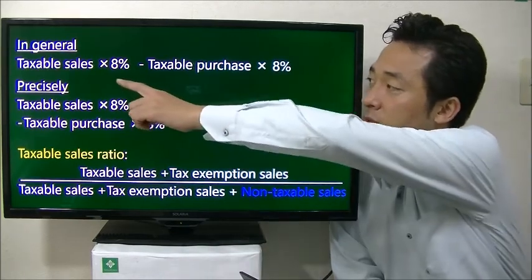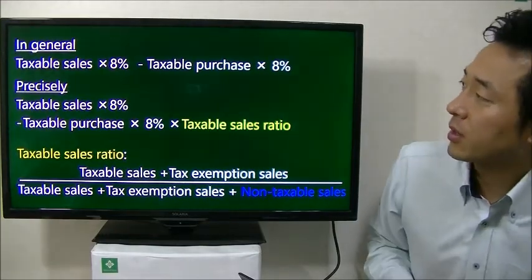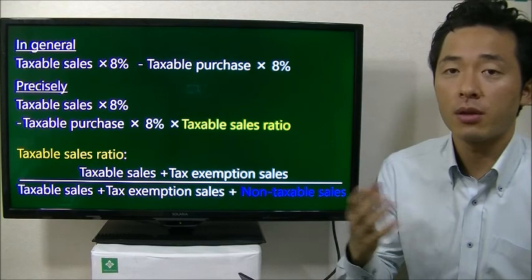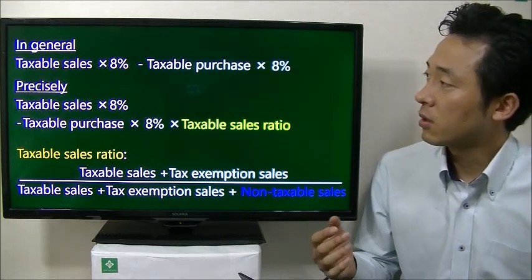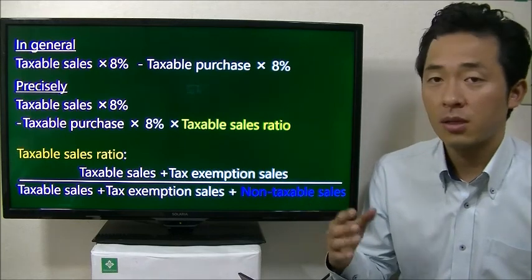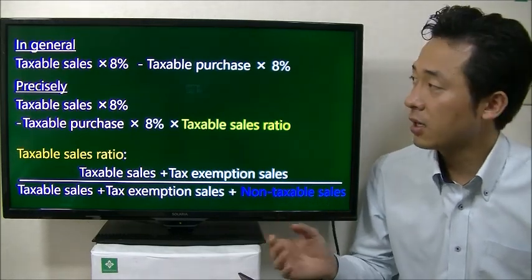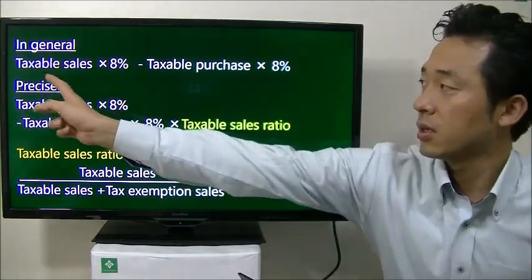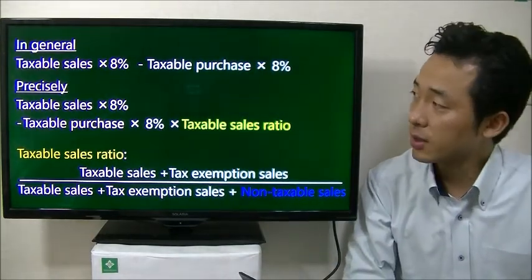This is the consumption tax you receive when you make sales, and this is the consumption tax when you buy anything. So if the net amount is plus, you need to pay that consumption tax, and if the purchase amount is larger, you receive a refund for the consumption tax.